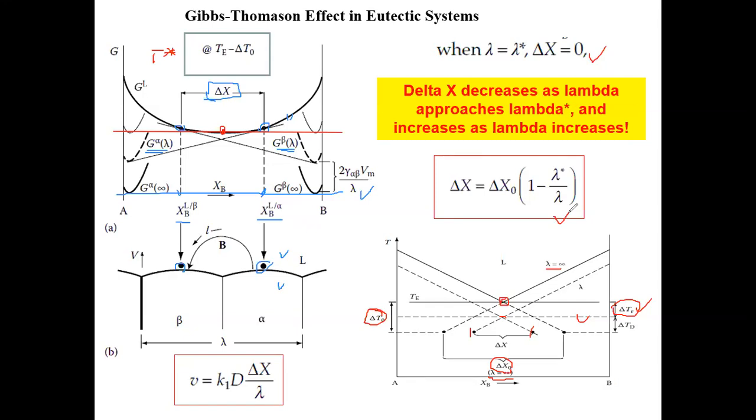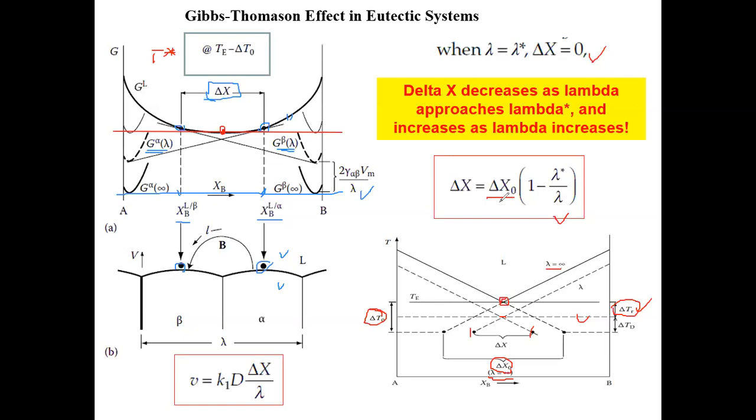I won't go through the mathematics, but the point is that we know lambda is inversely proportional to temperature, and we know that delta X is linearly proportional to the supercooling. Through these two relations, with a couple of lines of derivation similar to the ones we already showed a couple of times, you reach this conclusion. Delta X naught is the difference of composition when lambda goes to infinity, which is the largest degree of composition difference.